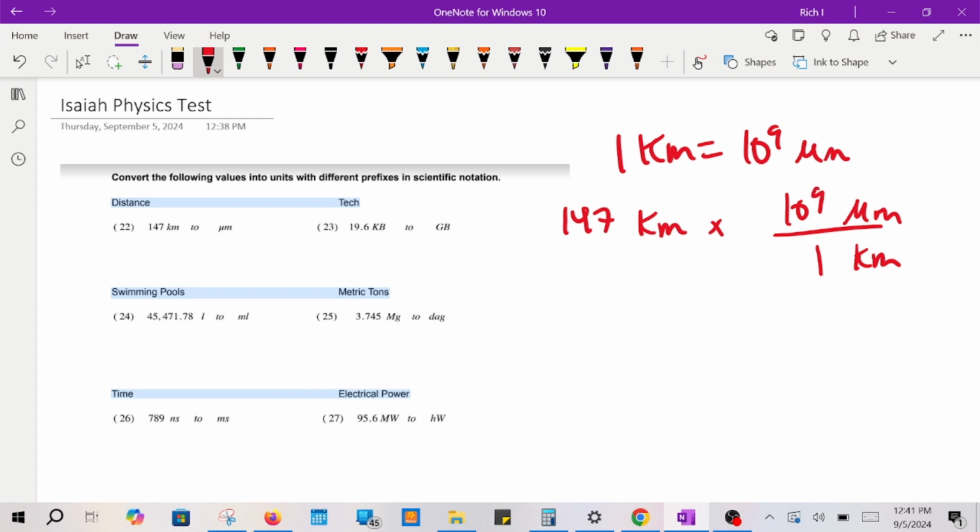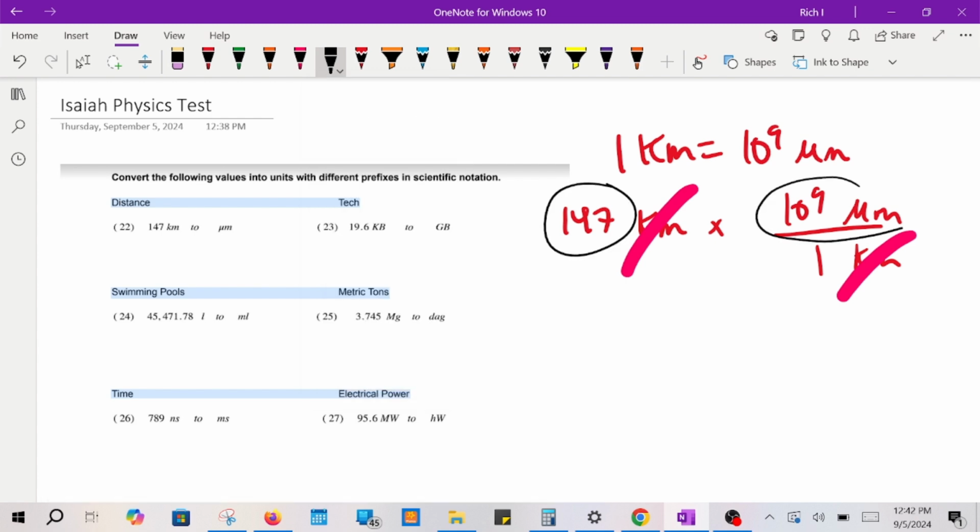Then we get that cancellation going, so the kilometers cancel. What's left is this 147 and this 10 to the 9 micrometers. So we have 147 times 10 to the 9, in micrometers.